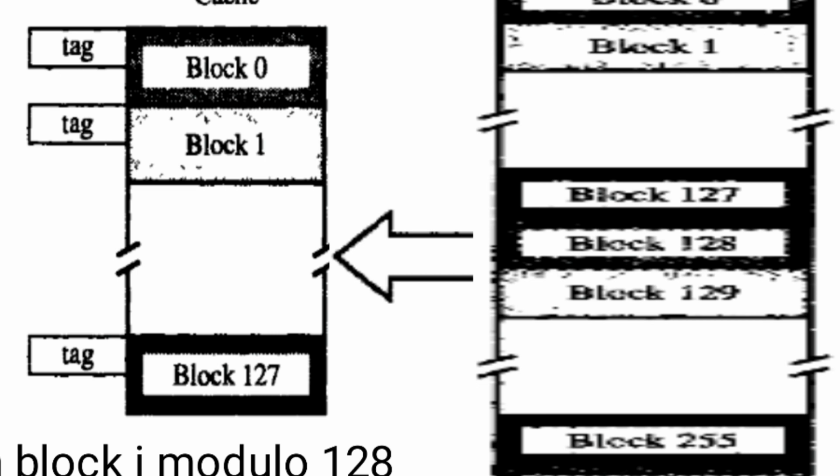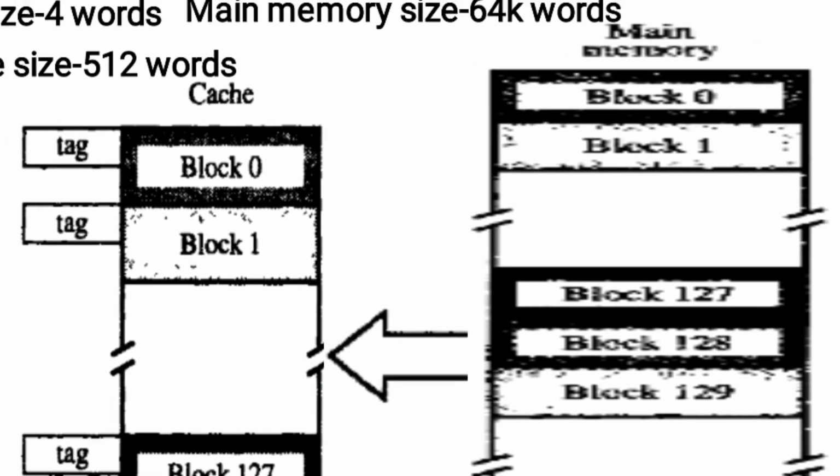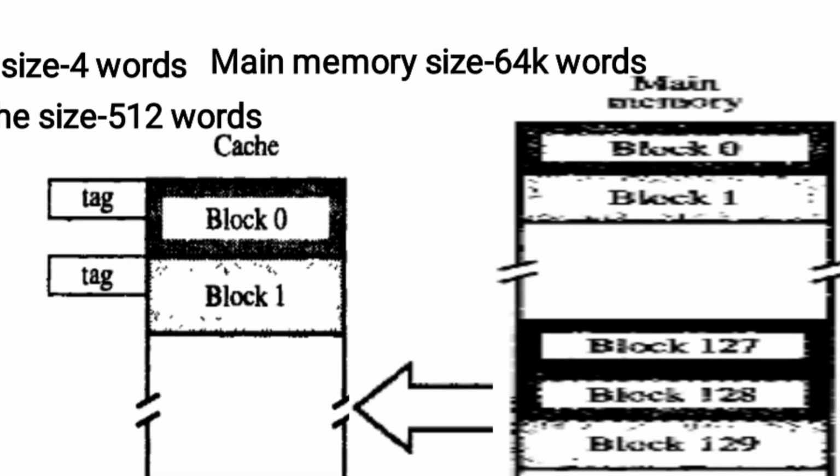Next, block 128 of main memory: 128 modulo 128 is 0, correct? So when block 128 is copied into cache, it is copied into block 0 only.